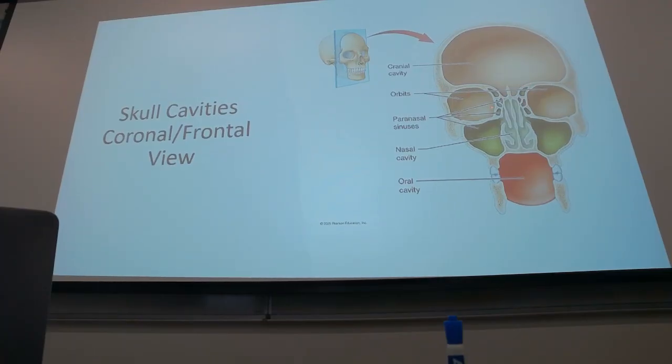Here will be the frontal, ethmoidal, maxillary, and the sphenoidal will be somewhere in here. And then we have several cavities besides these sinuses. We have the orbital cavity, the nasal, of course, oral cavity, and the cranial cavity.